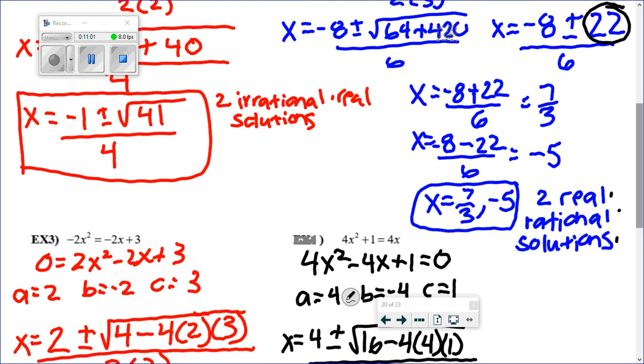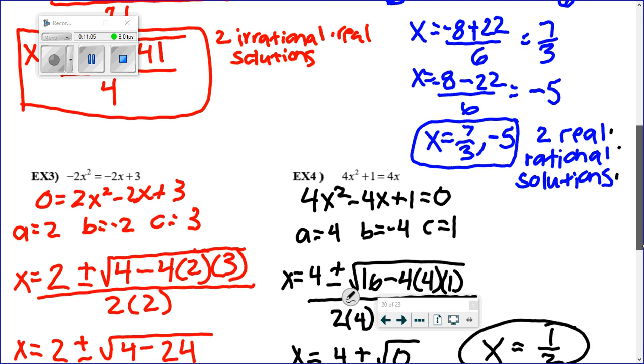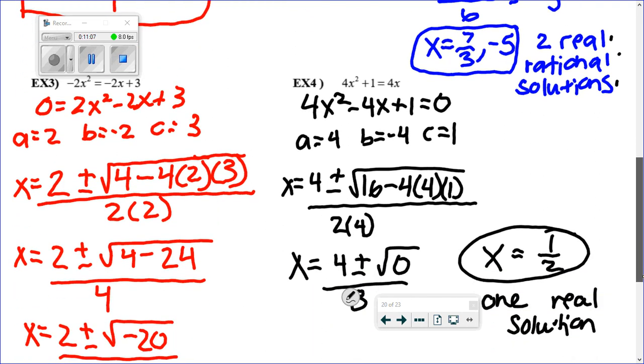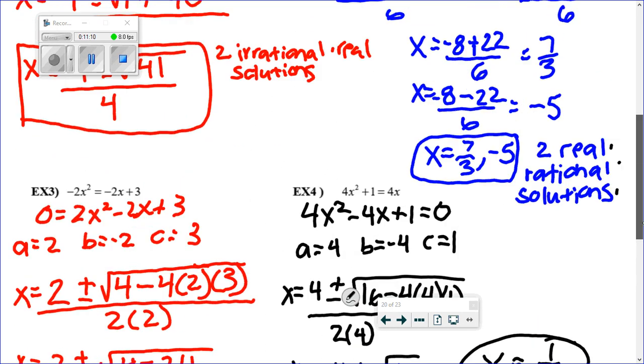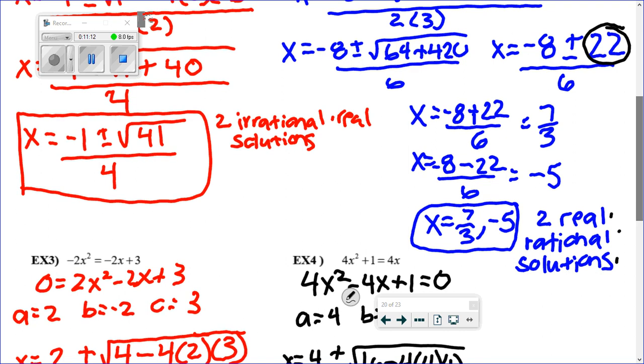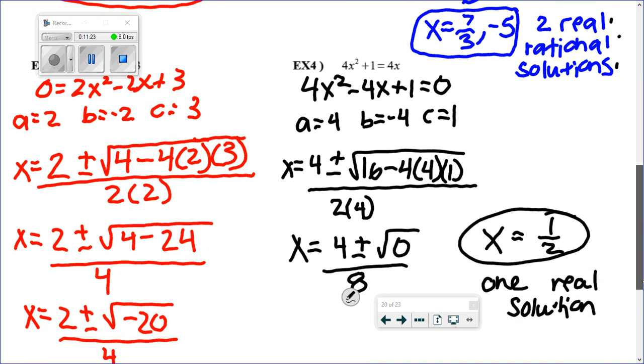Those just mean your integers and your fractions. Remember, if you were unsure, you could always look back at what the graph looks like. Do you cross the x-axis at negative 5? You should. And you cross somewhere around 7 over 3, you should as well.